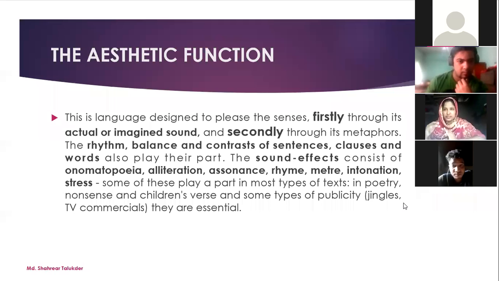It is repetition of the consonant sounds, especially at the beginning of the words. Can you give me an example? Sir, paper, pen, poetry. Something like that. Okay, good, great. Now, then what is assonance?